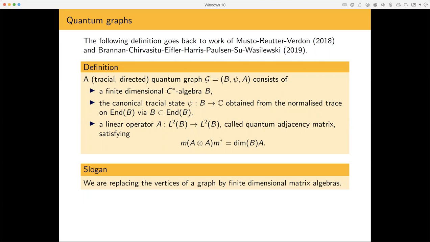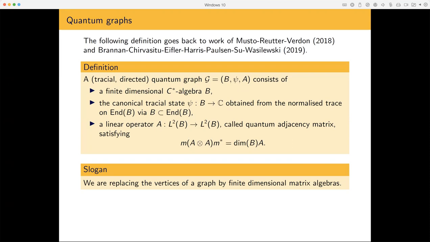So the key ingredient is this quantum adjacency matrix A, which is an operator from the L2 space to itself, and which satisfies this condition here, which is basically just saying that it's a Schur idempotent. Of course, now the Schur product is something more complicated since our B is no longer commutative, but that's at least how to think about this condition.